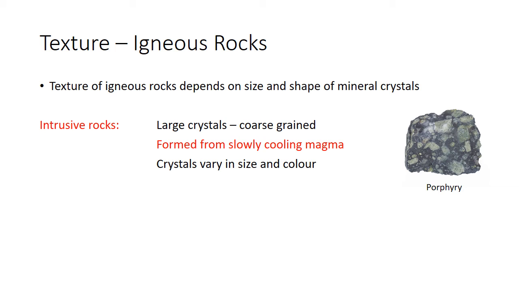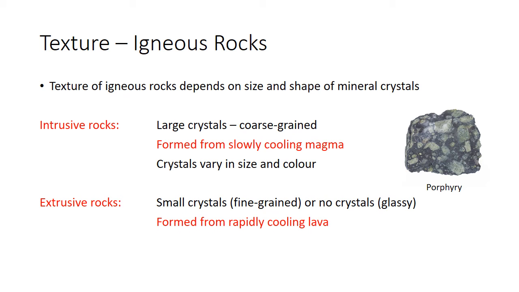Remember that. The crystals often vary in size and color, just like porphyry on the right-hand side. You can see the large crystals inside the rock, all of different shapes.